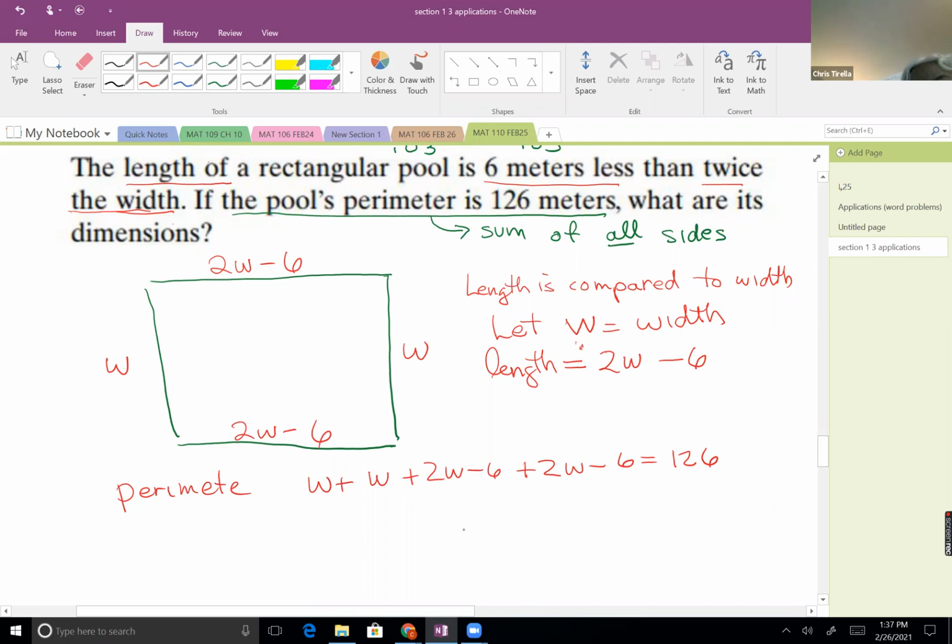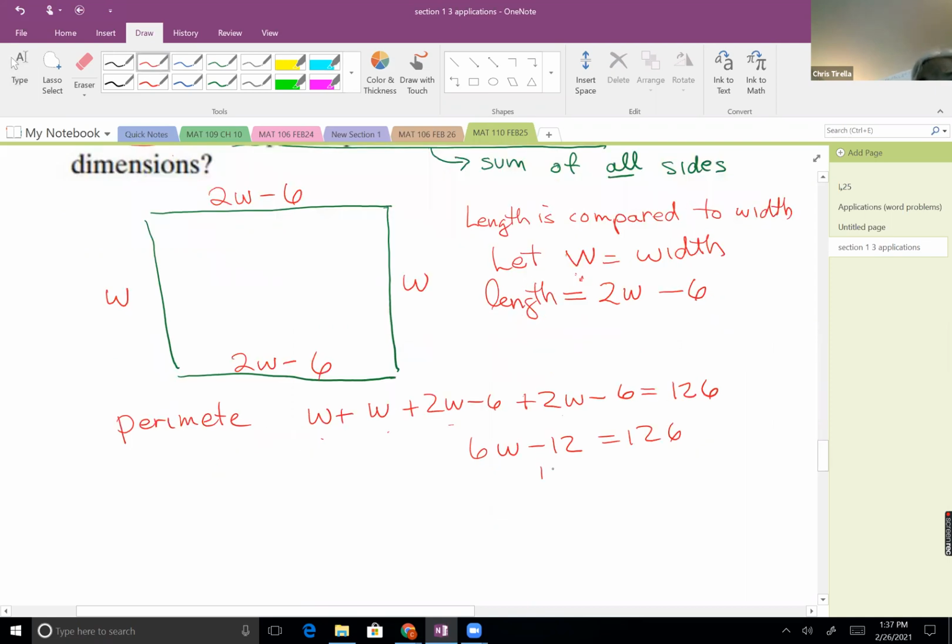Combining like terms, I have 6W minus 12 is 126. So I'll add my 12 to both sides, giving me 6W is 138. And then dividing by 6, I get W is 23. So that's my width.